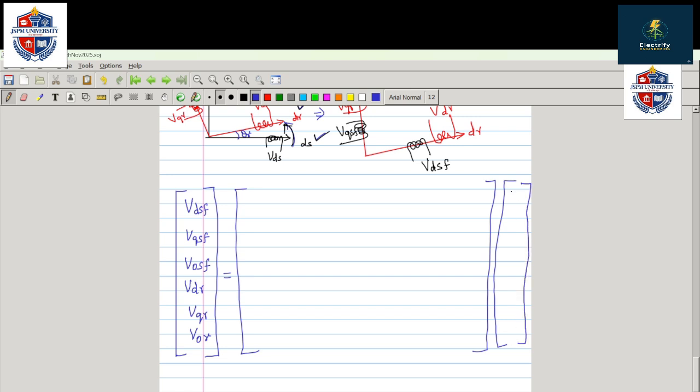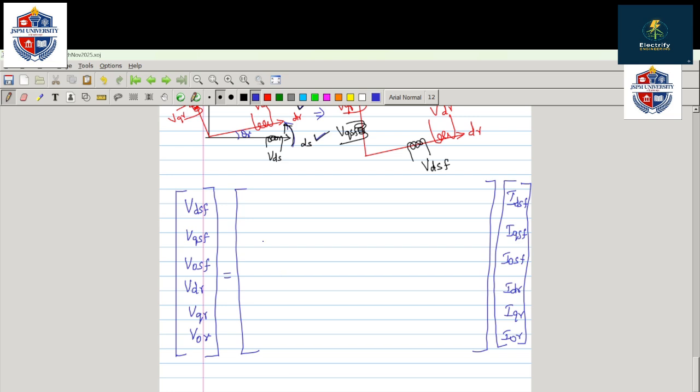That is nothing but IDSF and IQSF, then I naught SF, then IDR, IQR and I naught R. As in the previous session, when I explained the stator attached reference frame, I already explained writing the matrix by observation, so you can refer to that video for better understanding.